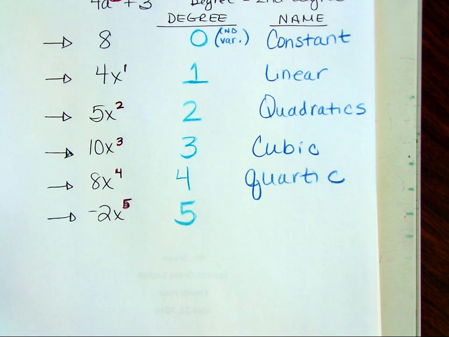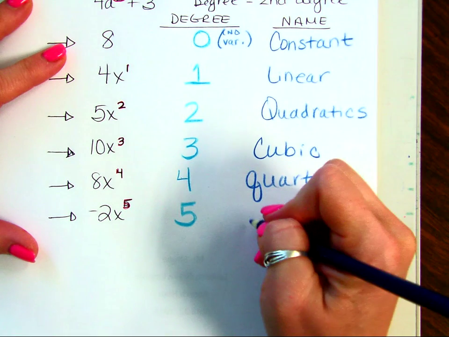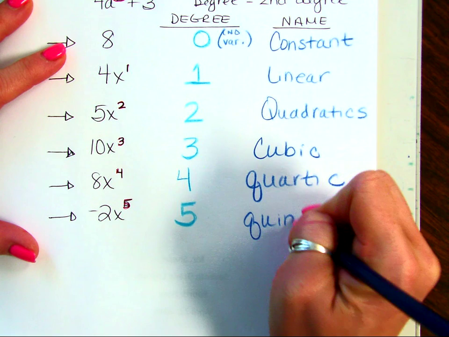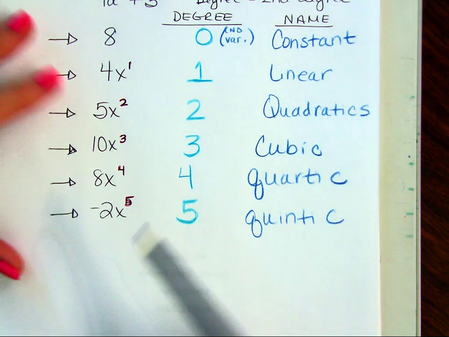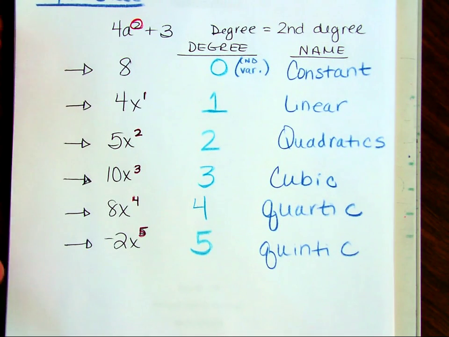So what did he call it? He said 536 quintillion. So this is called a quintic. Okay? How do you say 15 in Spanish? Quince. Right? So do you see the similarities with that?